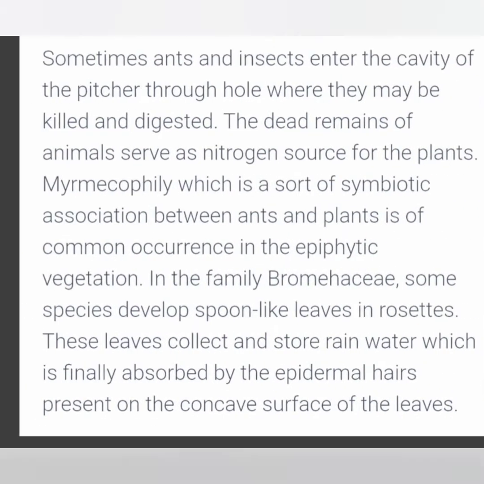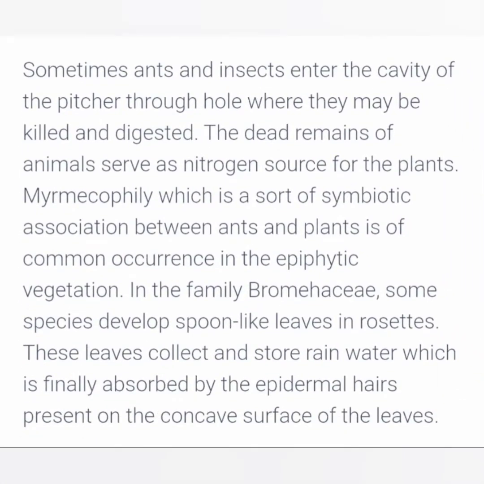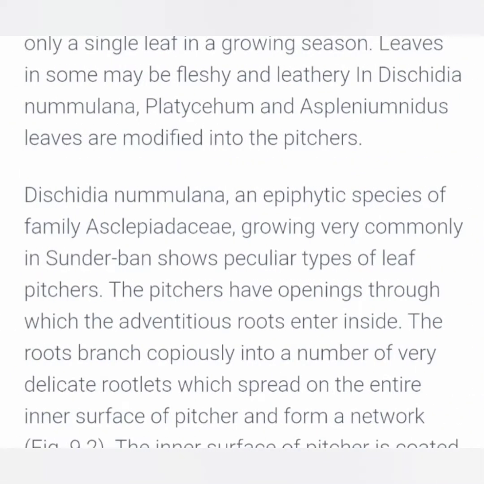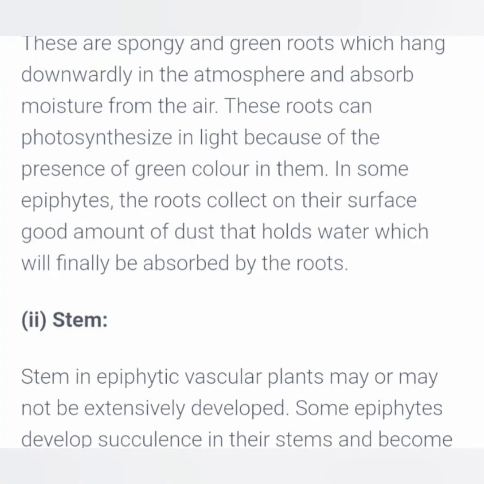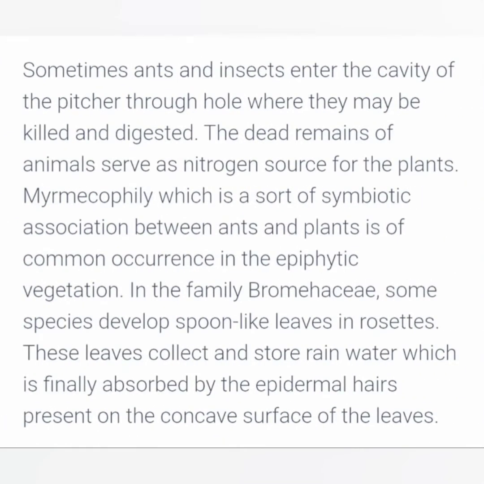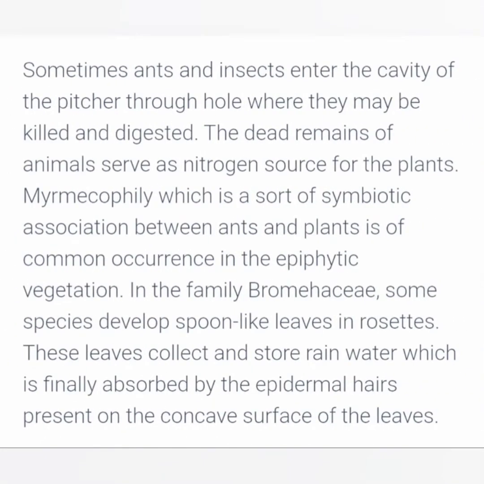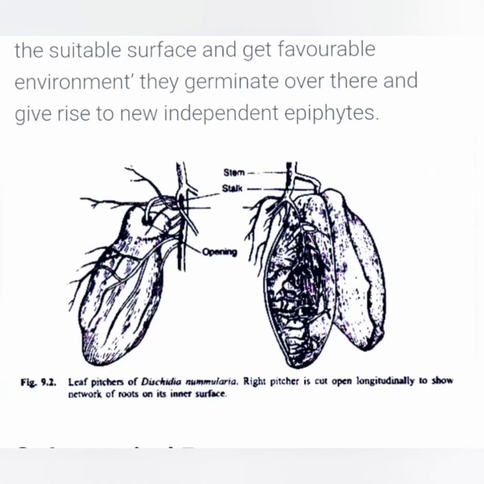So these are the morphological adaptations, where we have seen that the roots are of three types. Then we have the stem, which are succulent, fleshy, and some become bulbous or tuberous, and the leaves which are fleshy and leathery, and also pitcher leaves which are present in these epiphytic plants.